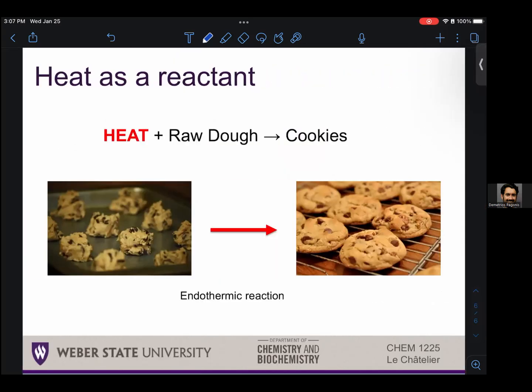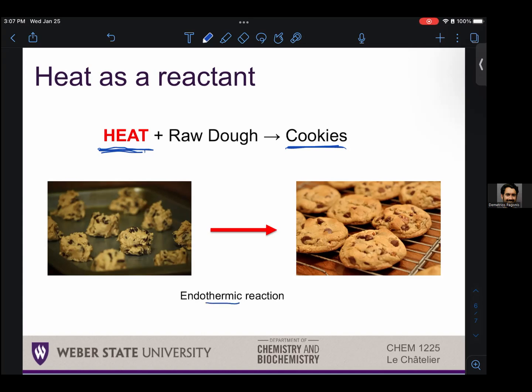Right. Heat can also be a reactant in a chemical reaction. Some reactions need heat as input in order to get you to your product. Right? You need to heat up things that you cook to get your edible food. And these types of reactions are called endothermic reactions. And the way that I remember definitions of endo and exothermic, right?